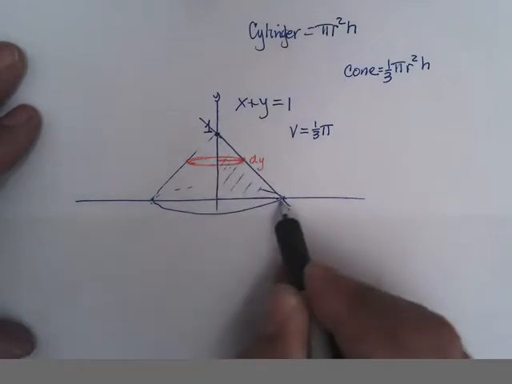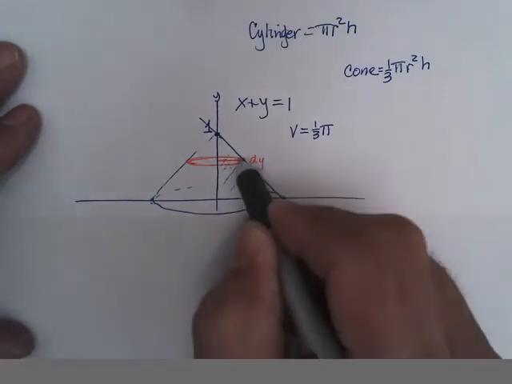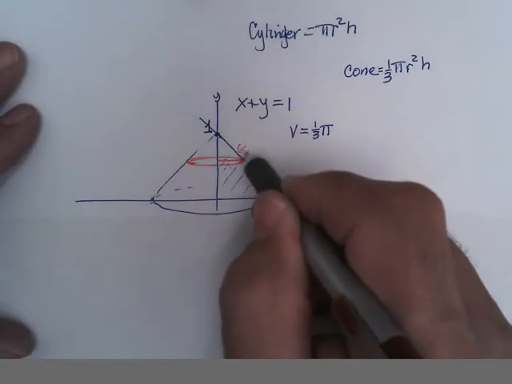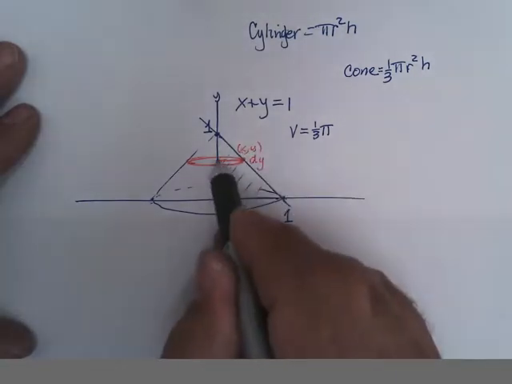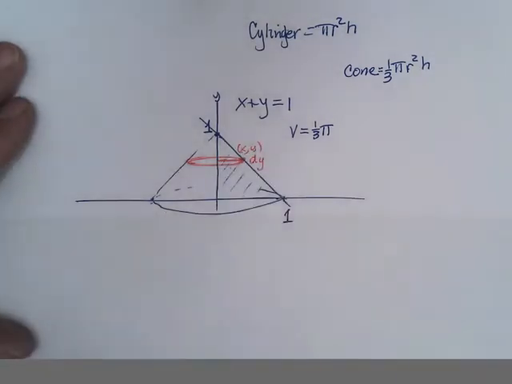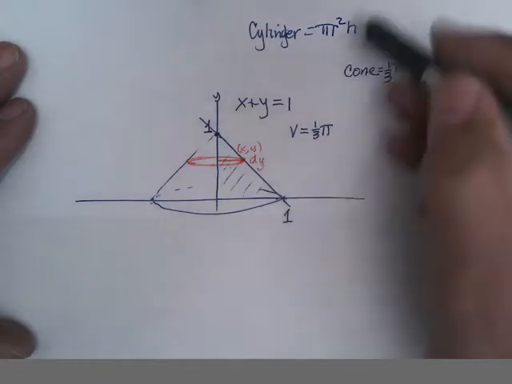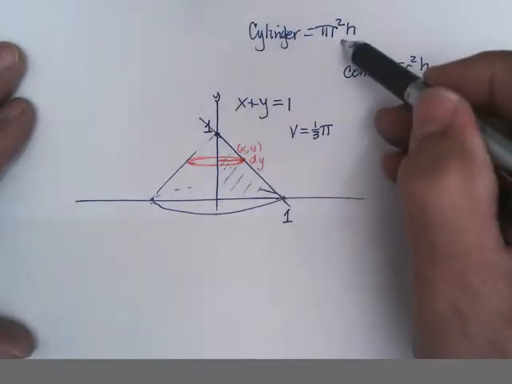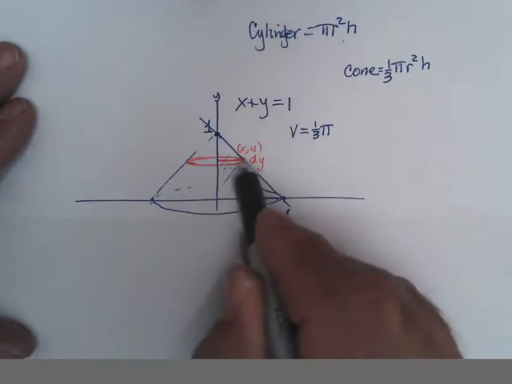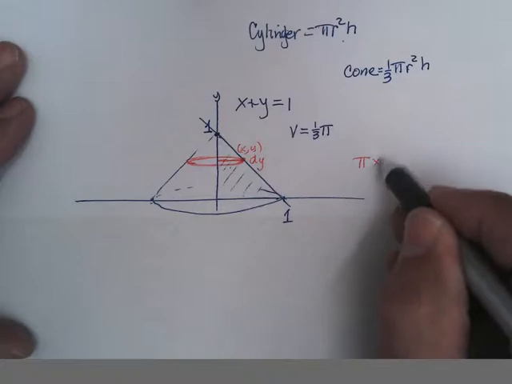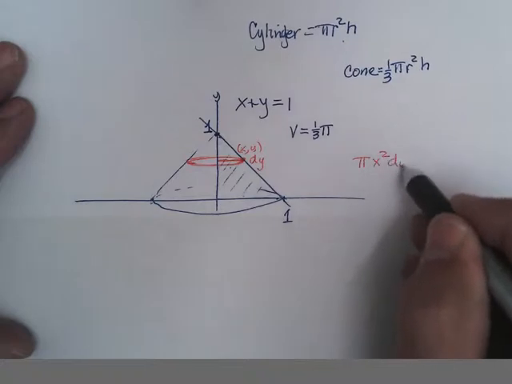It's in the x direction, and if I were finding coordinates on this line, they would be x, y. So the radius is x of this disk. The height is dy. It's basically a cylinder. So the volume of this disk is pi x squared dy.